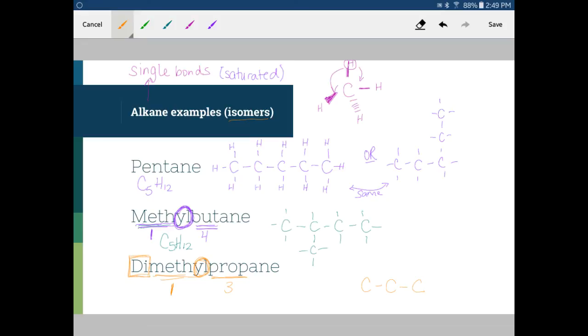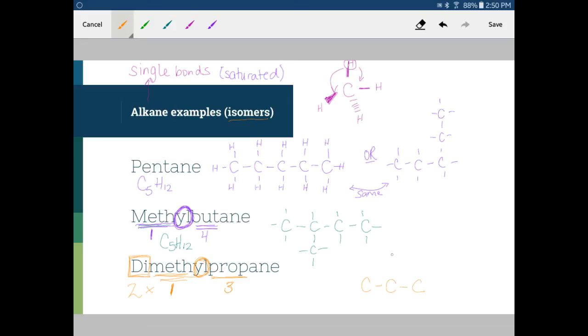We're using them simultaneously with this new naming system. So we have dimethyl propane. So what that tells me is I have 2 times my 1 carbon branches. So I have 1 carbon branches, but I have 2 of them. And then I have them coming off my 3 carbon parent chain.